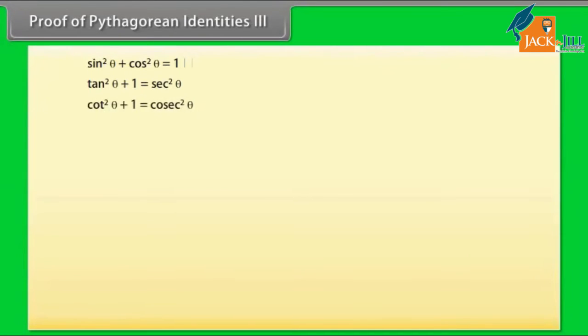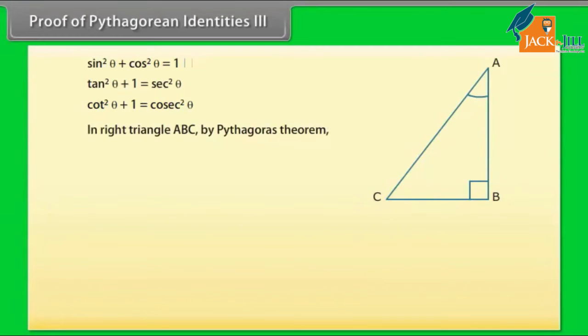Proof of Pythagorean identities 3. The last identity is cot square theta plus 1 is equal to cosec square theta. To prove this, we will again take a right triangle ABC. By Pythagoras theorem, AB square plus BC square is equal to AC square.